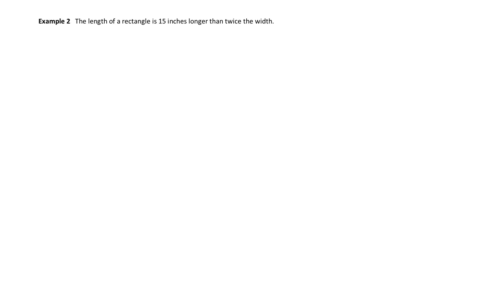And for example 2, maybe to take these ideas and put them into the context of a word problem: the length of a rectangle is 15 inches longer than twice the width. I think I'm going to draw a picture to help me out here where I've got a rectangle.